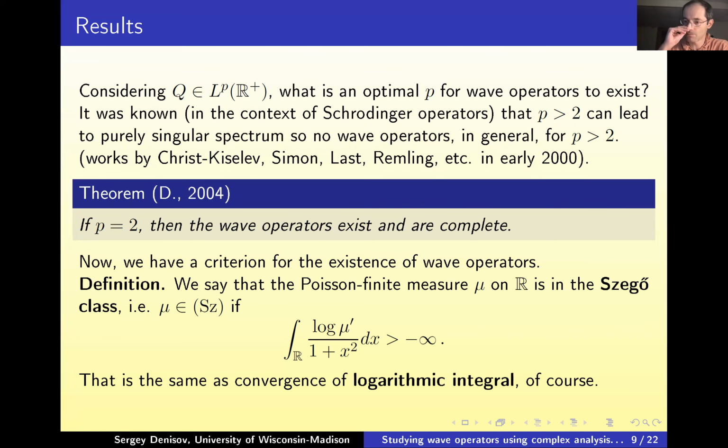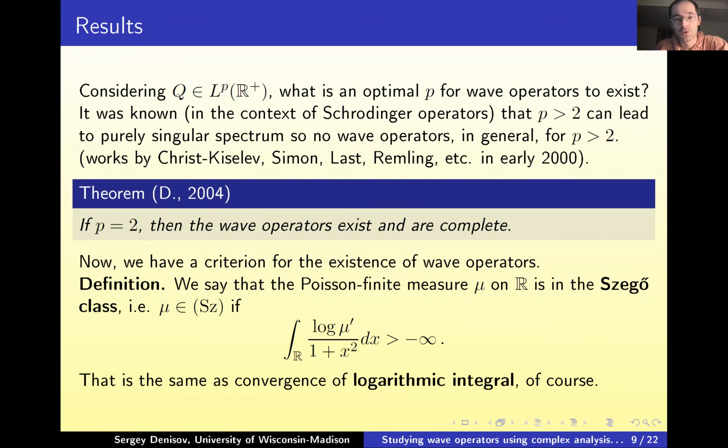You don't have to prove a strong result about almost everywhere convergence, and you don't need to estimate the maximal functions. In 2004, I proved that P equal to 2 is actually the optimal choice for the existence of wave operators. In that case, these operators exist and they are complete. And the proof was not difficult at all. It was maybe 4 or 5 pages.